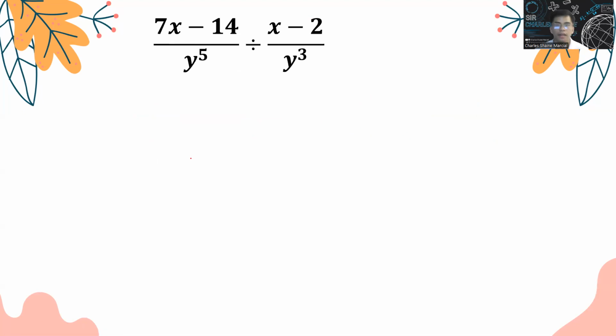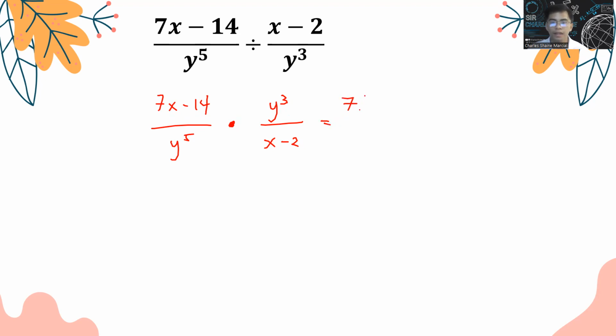Okay? Last example. We have 7x minus 14 over y raised to 5. Copy lang natin, 7x minus 14 over y raised to 5. Division sign, magiging multiplication sign. Then, denominator mapupunta sa numerator and numerator mapupunta sa denominator.